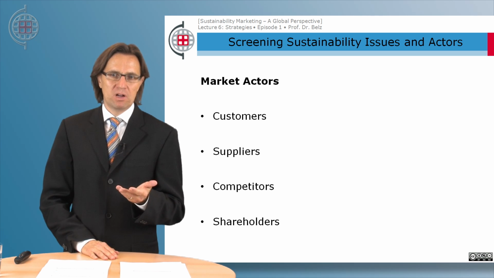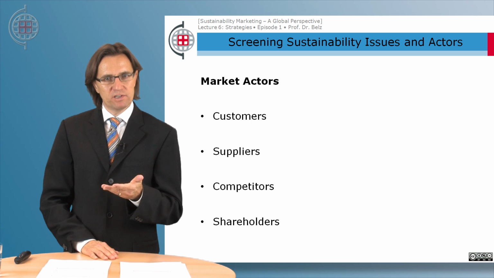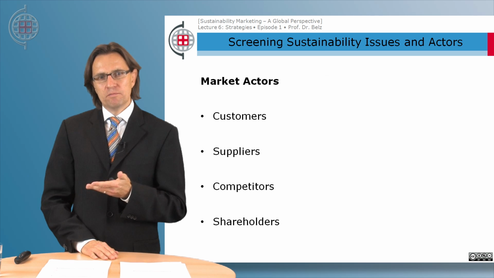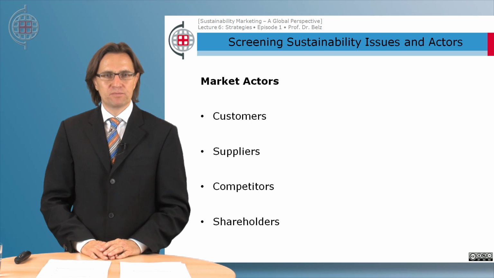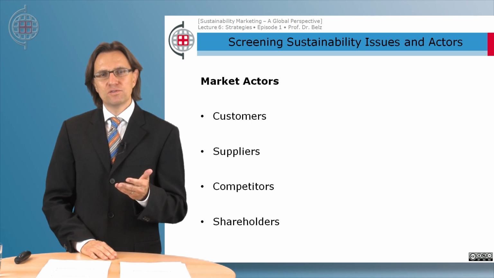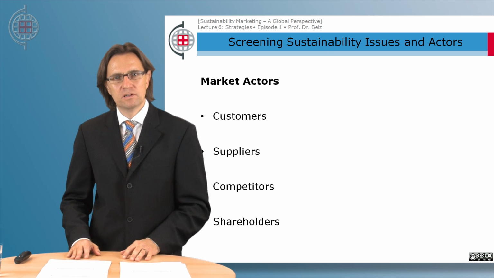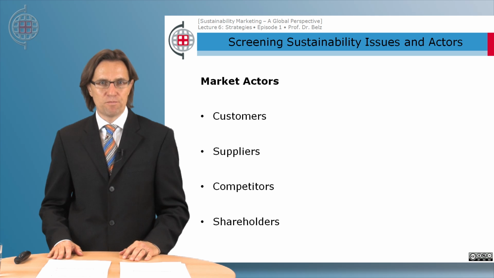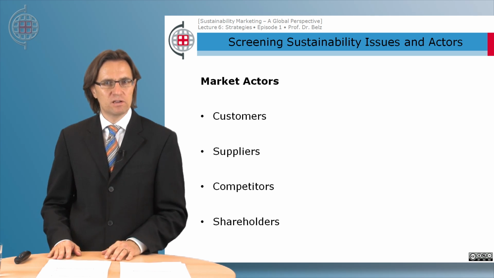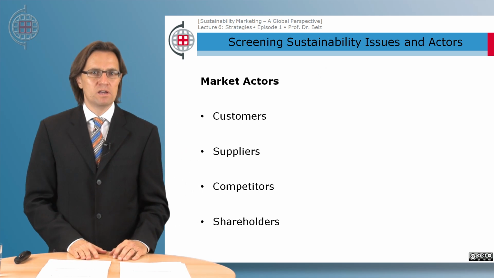Many of them, like ICA in Sweden, Albert Heijn in the Netherlands, Rewe in Germany, or Migros and Coop in Switzerland, Whole Foods Market in the United States, introduced organic food products and made it accessible to a greater customer group. So retailers, especially conventional retailers, large retail chains, play a very important role in this context.